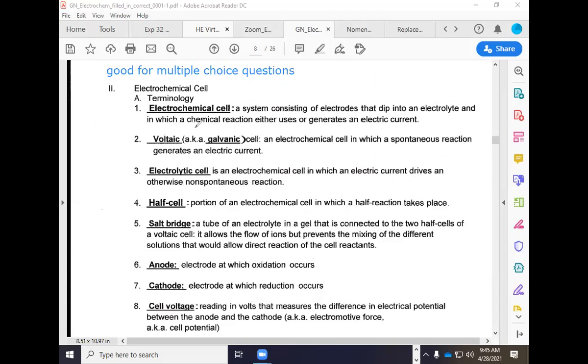You want to be familiar with both terms because half the time Voltaic is used and half the time galvanic is used. But it's an electrochemical cell in which a spontaneous reaction, so that's the key here, generates an electric current. So spontaneous and generates, the two key terms here.